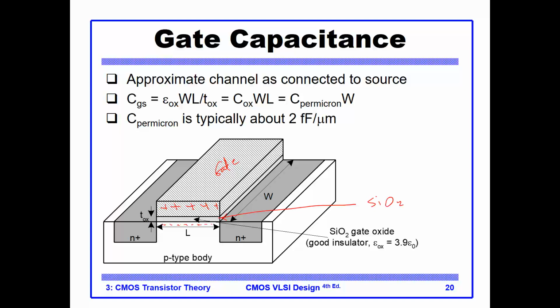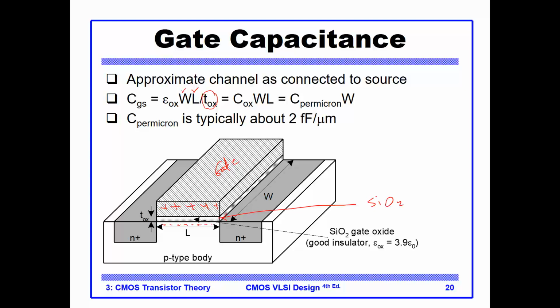This gate capacitance can be estimated, as we have seen earlier, as epsilon OX times the area, which is the width of the transistor times the length of the transistor, divided by the separation between the two conducting materials, which is the poly and the channel, which is TOX.